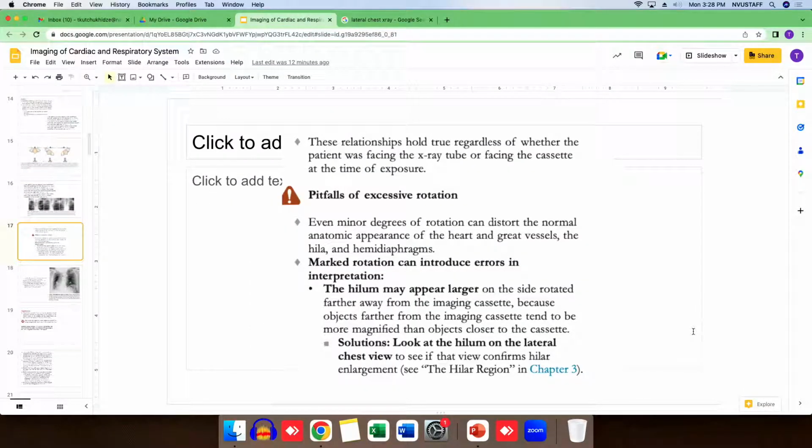So what pathologies can we have if the patient is rotated really badly and we have not checked the rotation? The hilum may appear larger as we are rotating further away, and what we should do is again use the help of our lateral chest X-ray, and confirm the enlargement through the lateral view.